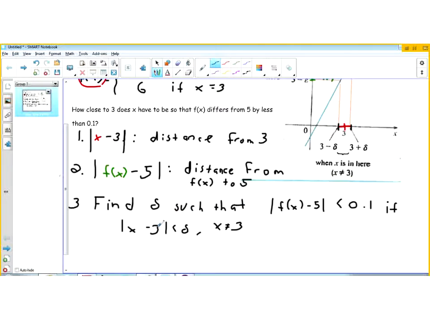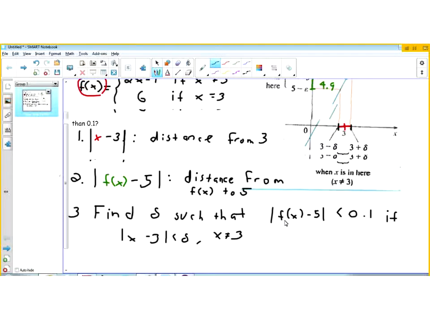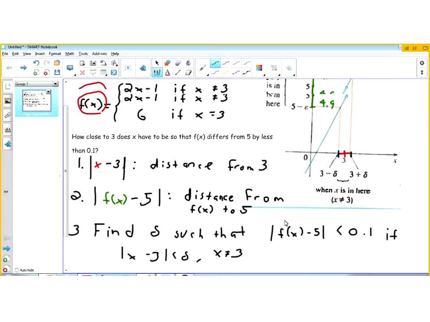So perhaps I should phrase it this way. If my distance from 3 is less than some delta, then my function's output for that choice of delta will always be within 0.1 units of 5, if I choose my delta correctly.